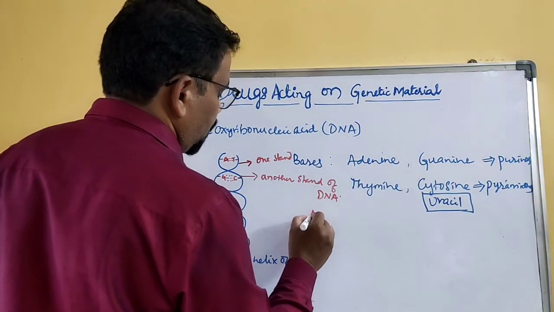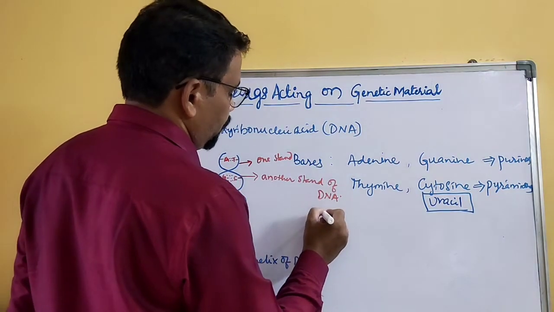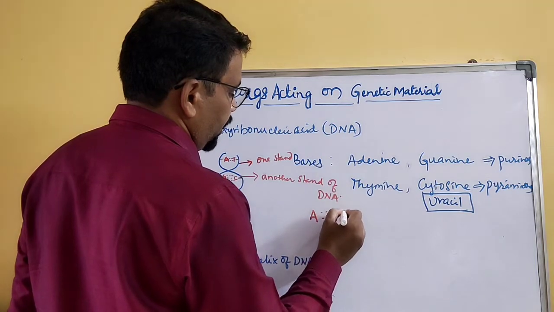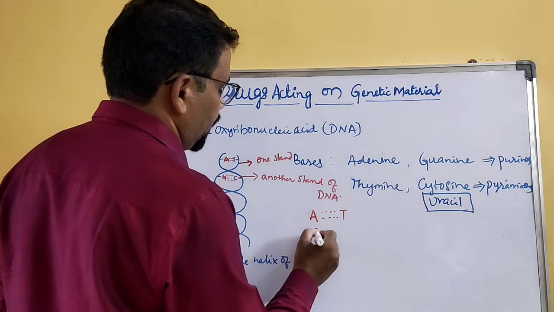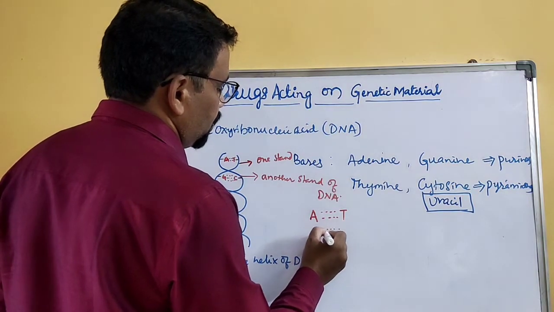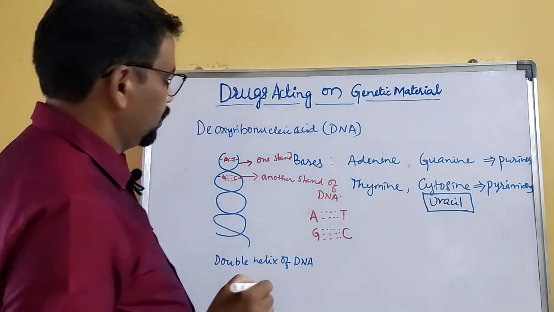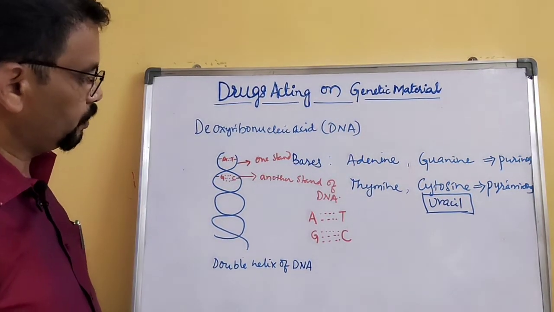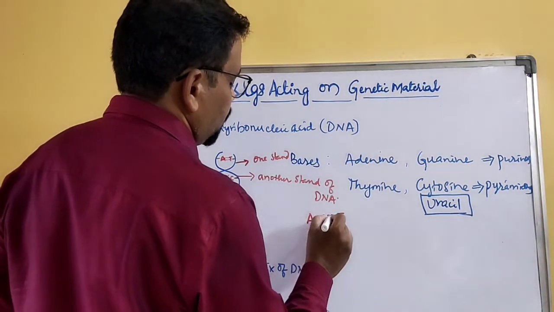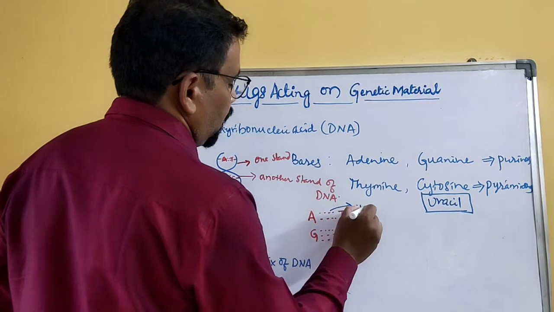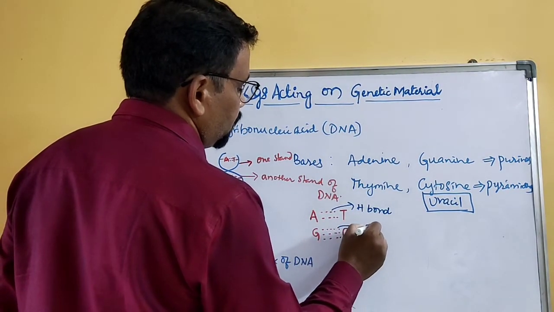Adenine always forms two hydrogen bonds with thymine, and guanine always forms three hydrogen bonds with cytosine. Here are the two hydrogen bonds, and here the three hydrogen bonds.